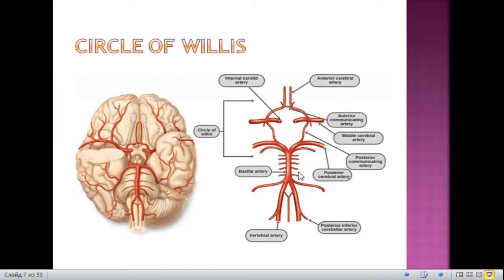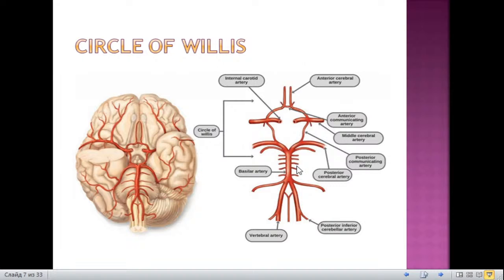One element of this Willis circle is unpaired, in contrast with the rest of them. So almost all of the elements are paired, in contrast with one. It is the anterior communicating artery. It is unpaired.